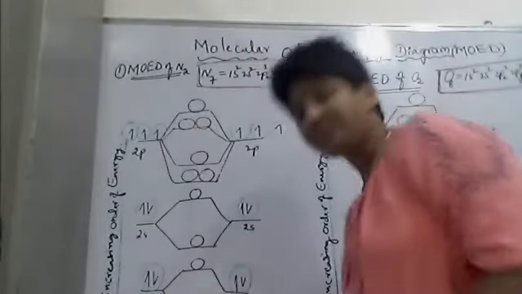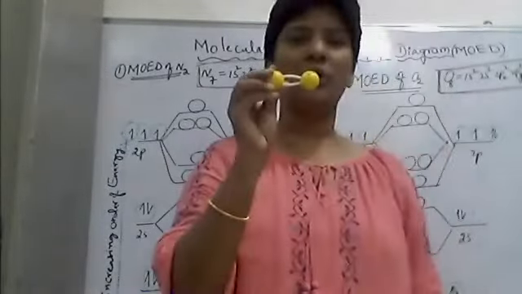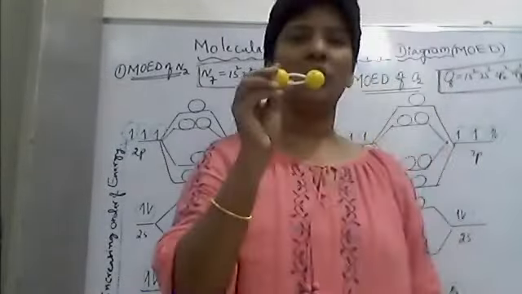And in the O2 molecule, between the two oxygen atoms, the number of bonds is 2. Bond order is 2. And if you see this, between these two black balls I have joined them through 3 white sticks. Each one is a bond.